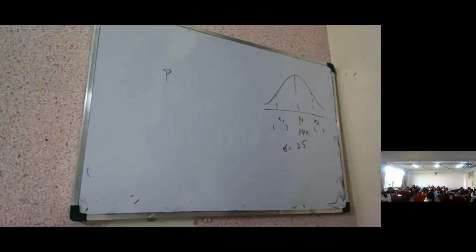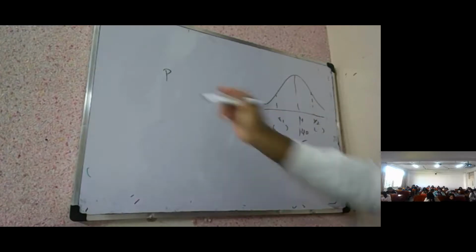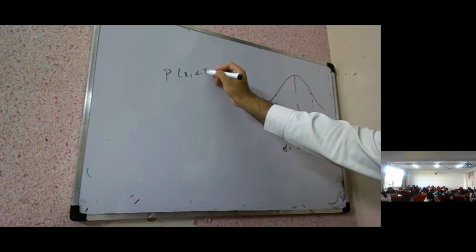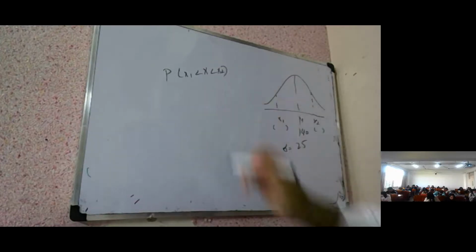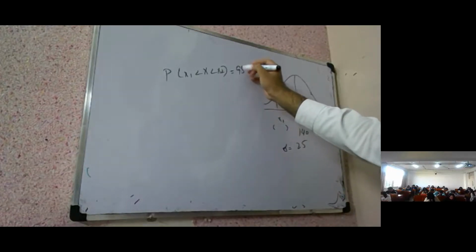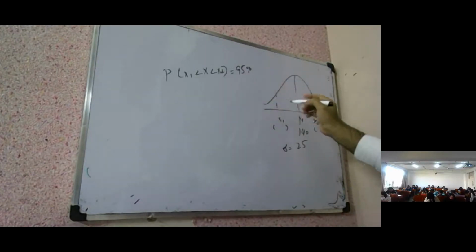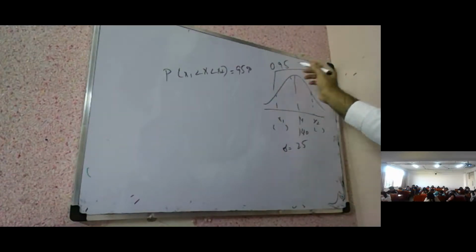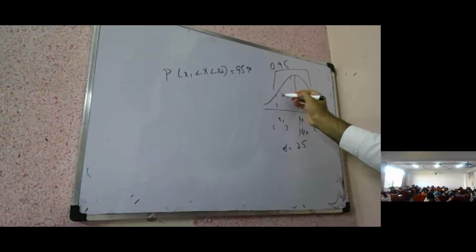So here the interval is given, but the value isn't given. This means the probability is given. What is the probability? That is 95%. So this area is given, which is 95%, 0.95. Because it's symmetrical, this area is 0.4750.